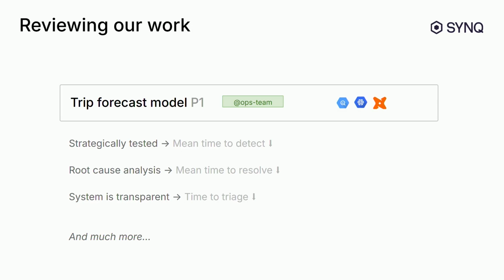So I'd say we now have a reliable, strategic, tested data product, and you should see a few things happen as a consequence of this. The first one is that time to detection should go down significantly because you have more relevant tests in place to catch issues. The second one is that the time spent to resolve issues should also drop significantly.